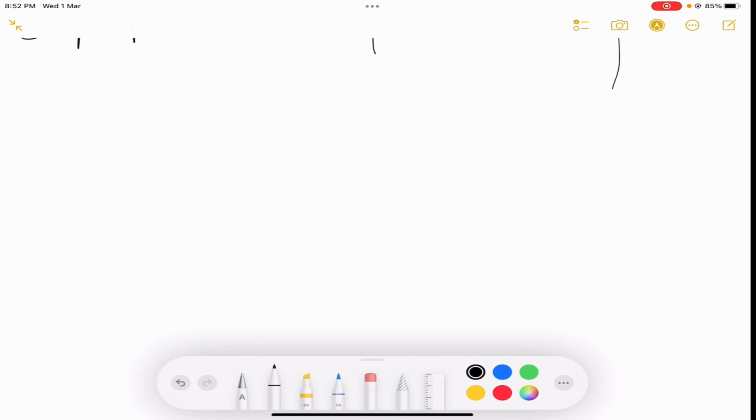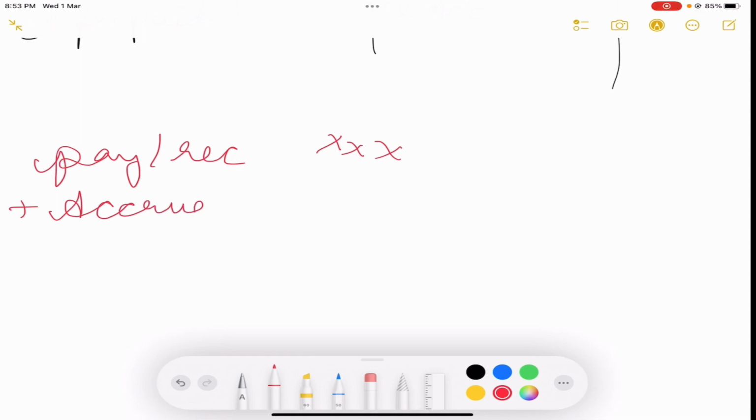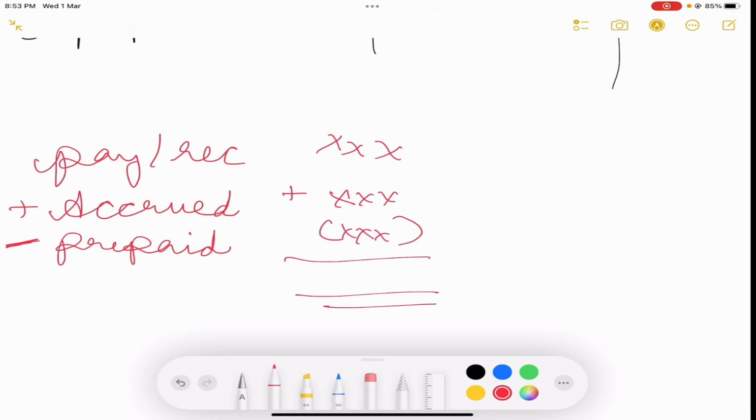Now, how much ever you have paid or received during the year, if you add accrued to it, which means something which you are supposed to receive this year, and minus prepaid, which does not belong to this year, this will give me the P&L figure, which is the actual figure.